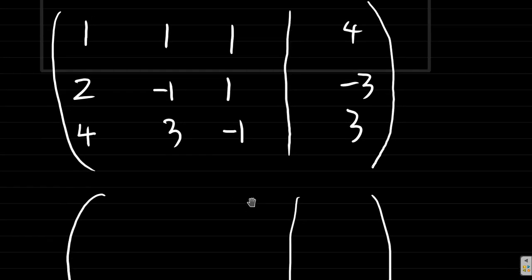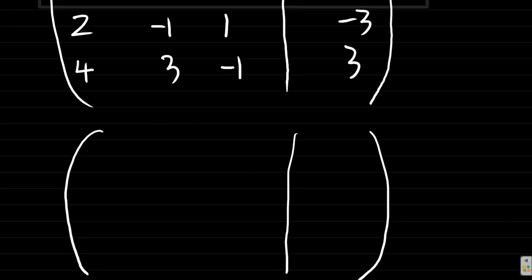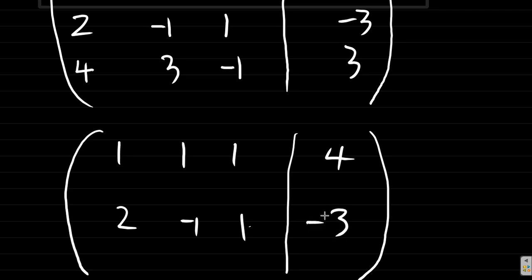But we're only going to change row 3. So row 1 is 1, 1, 1, 4. We're not going to change row 2 either. It's 2, negative 1, 1, negative 3.